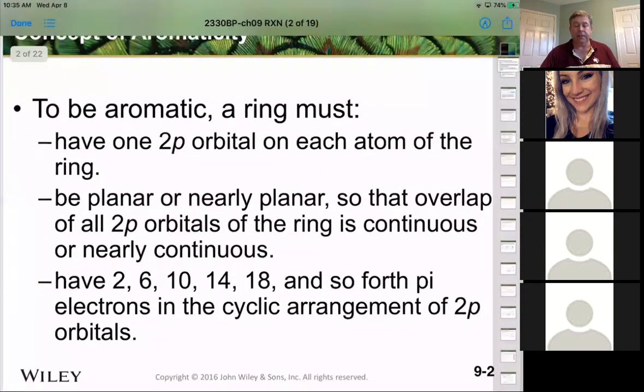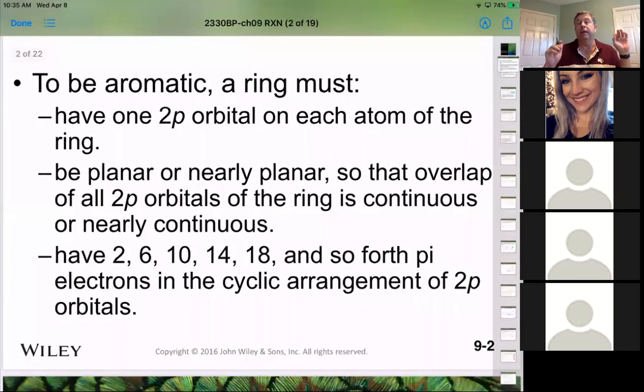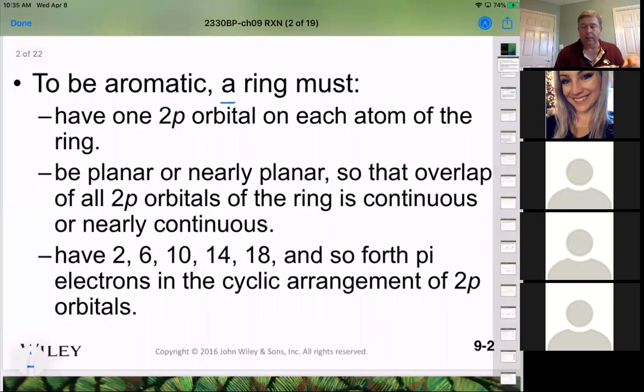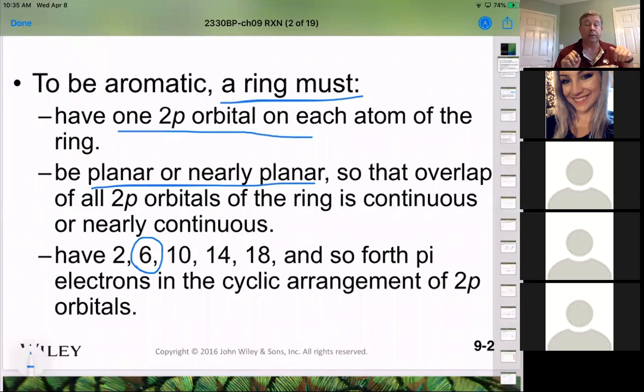Okay, so the first thing I wanted to remind you is that to be aromatic, you have to be a ring, have a p orbital on each of the atoms in the ring, be planar, and have a certain number of electrons. Most of the time, we're going to be dealing with 6 electrons, 1 or 2 electrons in each of those p orbitals.